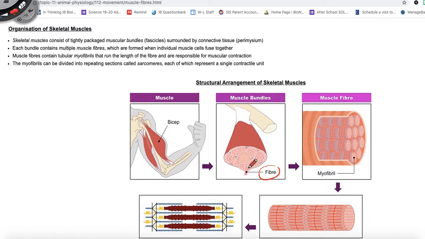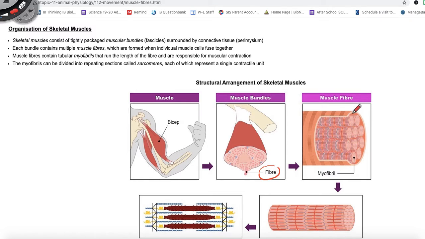So notice that each bundle can contain multiple muscle fibers. And these muscle fibers, which we're going to look at the structure in more detail, they're made up of continuous muscle cells that are fused together. And that's what gives the appearance of this multinucleated cell.